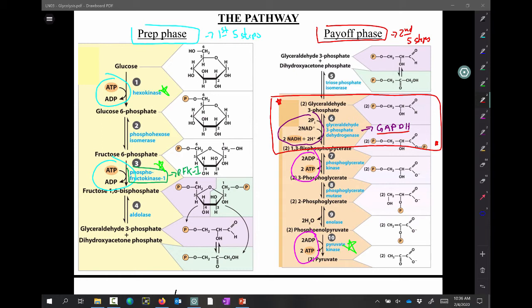And that reduction potential difference is going to allow electrons to be driven from the carbon in glucose, which was originally in glucose, now it's in glyceraldehyde 3-phosphate, to NAD+, and that is quite favorable because NAD+ has a higher affinity for electrons, and that then is going to be quite energetic, quite exergonic. Okay, and so we want to look at this enzyme, glyceraldehyde 3-phosphate dehydrogenase, and how it will actually conserve energy in a redox reaction.